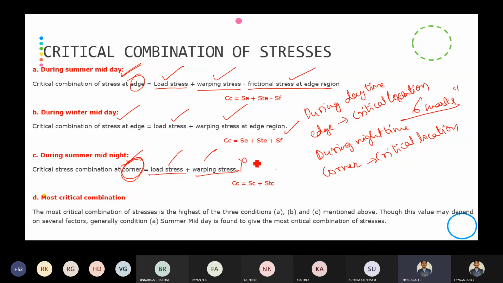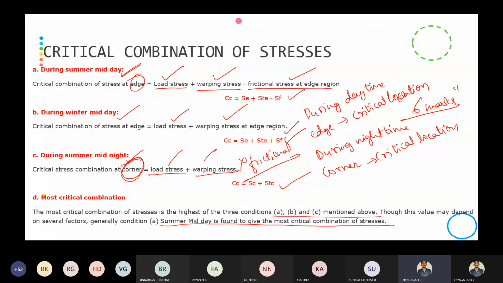We are going to neglect frictional stresses during night time. And the most critical location is the highest of the 3 conditions mentioned above, either A or B or C. Though this value may depend on several factors, the summer midday is found to be the most critical combination.